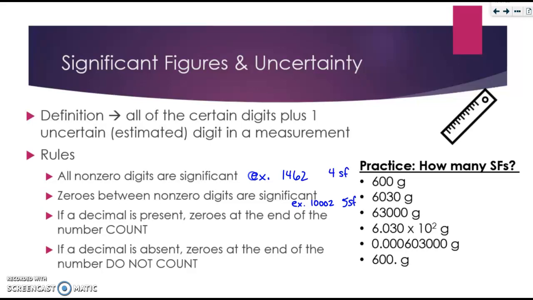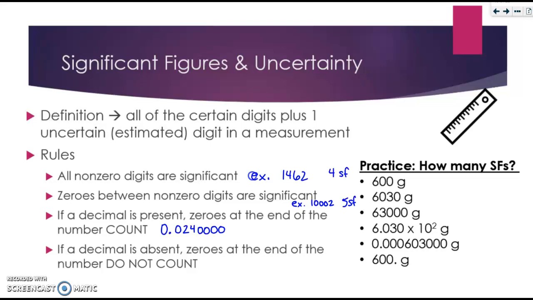The last two kind of go together. If there is a decimal present in the provided numbers, the zeros at the end of our number count, regardless of how many there are. For example, if that's the provided number, to determine its significant figures, you're going to go left to right.